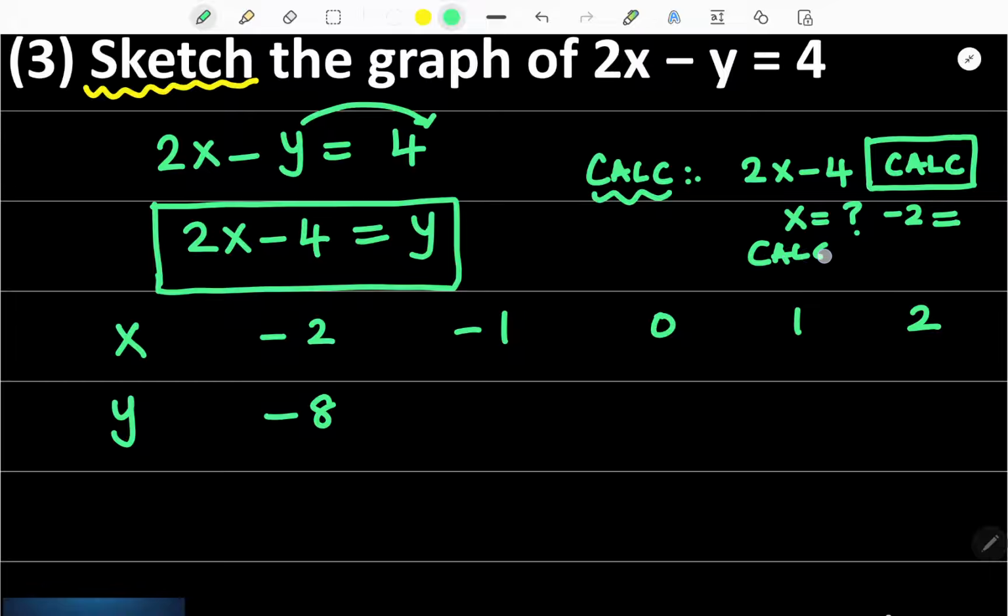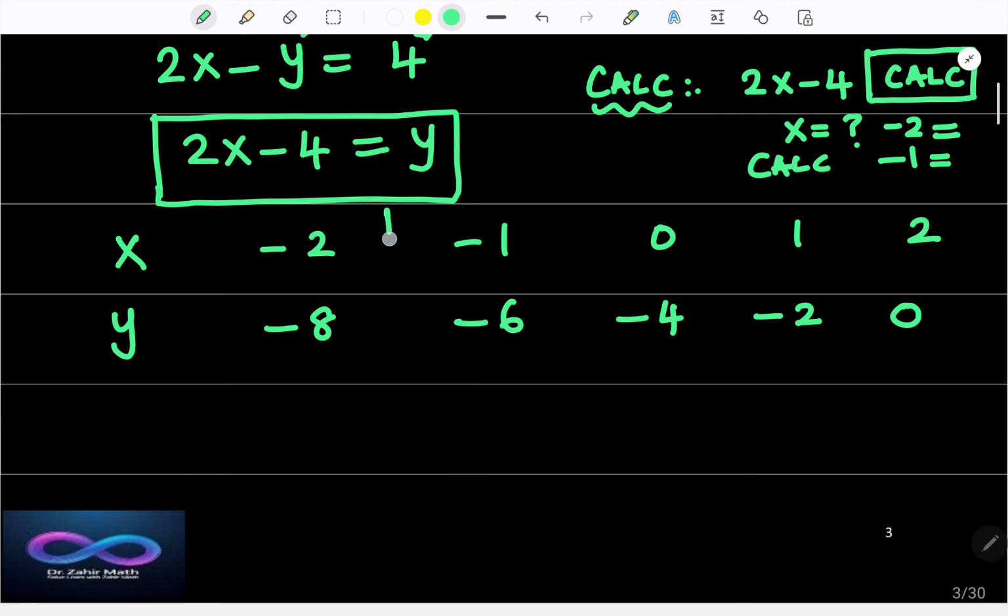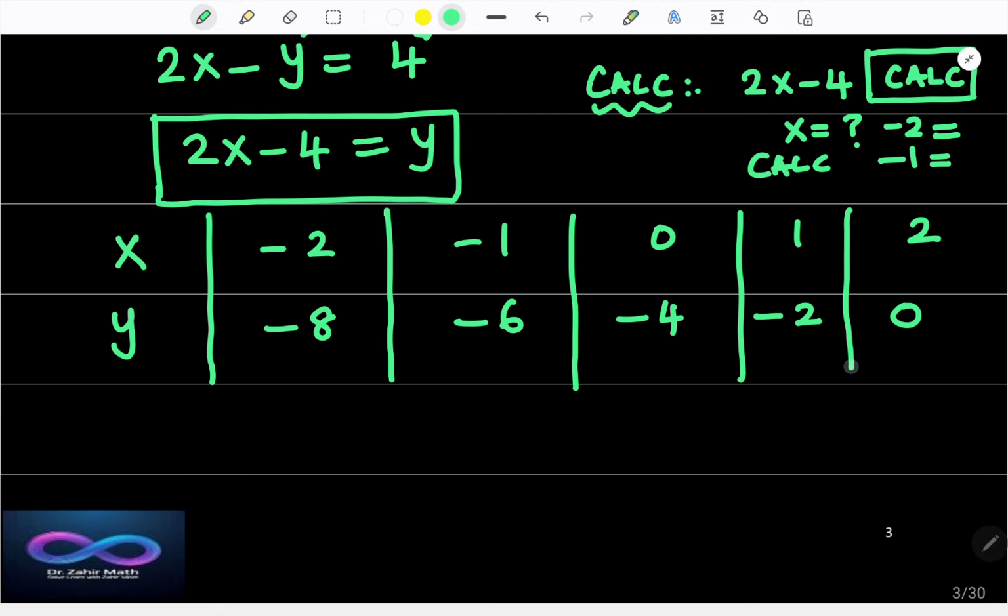Again press CALC and put x equal to -1 and press equal. You will get -6. Again press CALC and put x equal to 0. You will get -4, and then again -2 and then 0. This is the way you are going to do it. So we got the x and y points, and they are ready to sketch the graph.